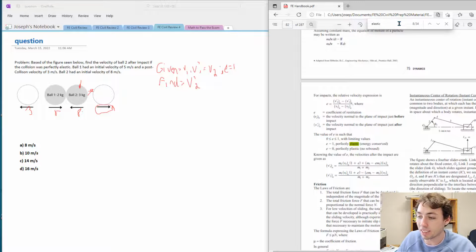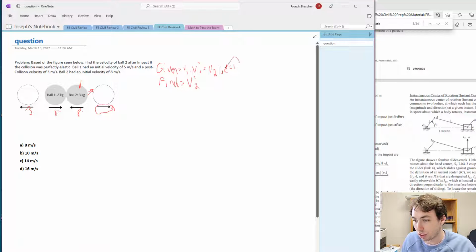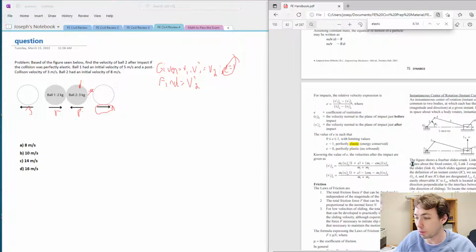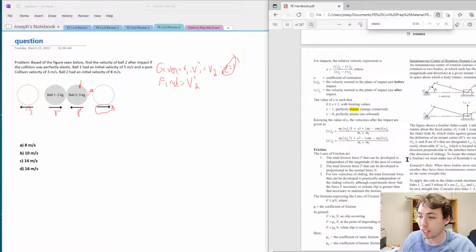So I searched elastic, and when the collision is perfectly elastic and energy is conserved, E equals 1. So that's why I have E equals 1 written over here in this section. That's going to be important when we go to the next part, where we want to find the velocity of ball 2 after the collision. And there's an equation given right here.